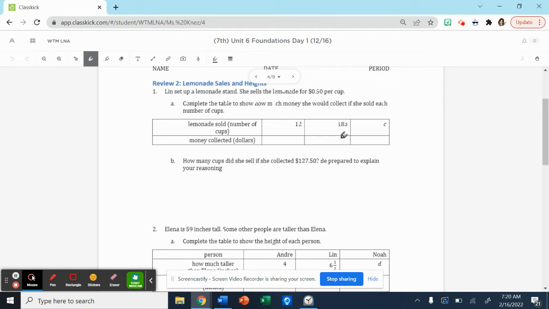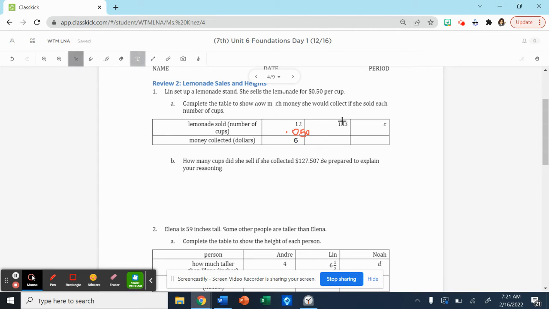Well, we know that Lynn is selling each cup for 50 cents, which means if she sells 12 cups and we multiply 12 times 0.5 or 12 times 50 cents, we can see how much she collected. 12 times 50 cents is, of course, 6, which means that she collected $6 after selling 12 cups.